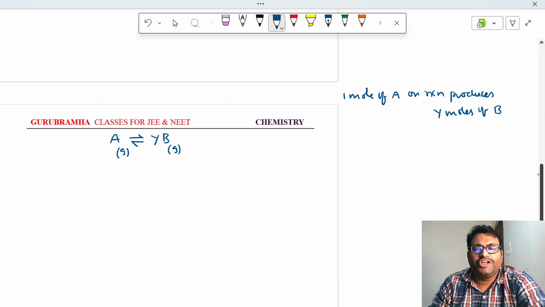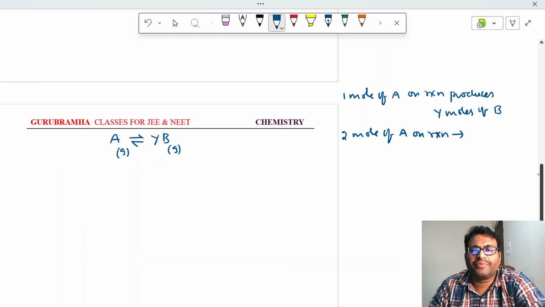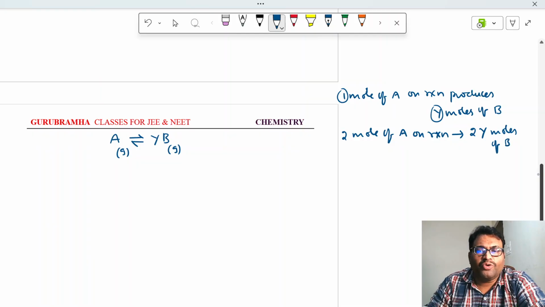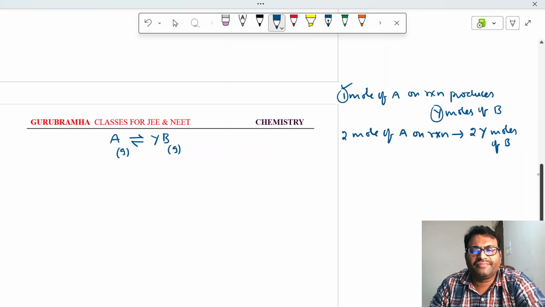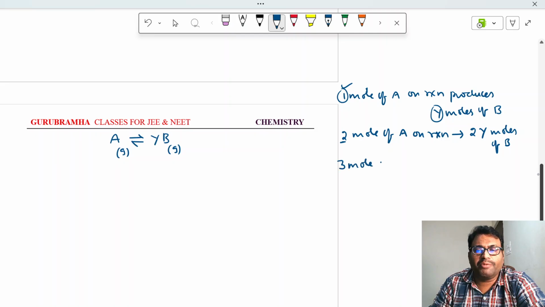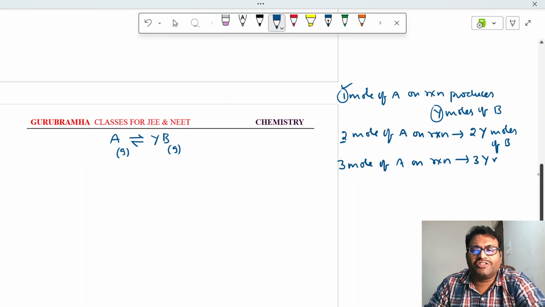If 2 moles of A are reacted, on reaction it produces how many moles of B? 1 mole is producing Y, 2 moles is producing 2Y moles. If 3 moles of A are reacted, it gives 3Y moles of B. Did you understand?